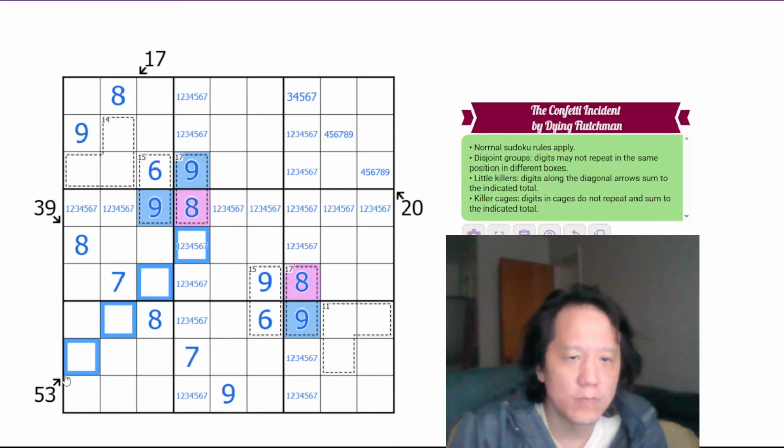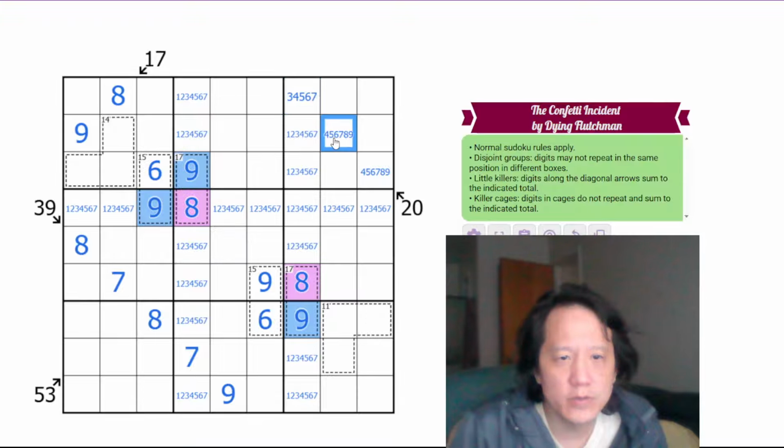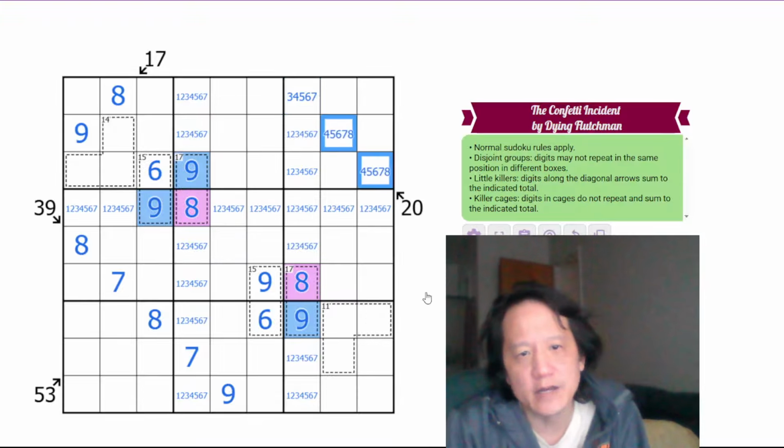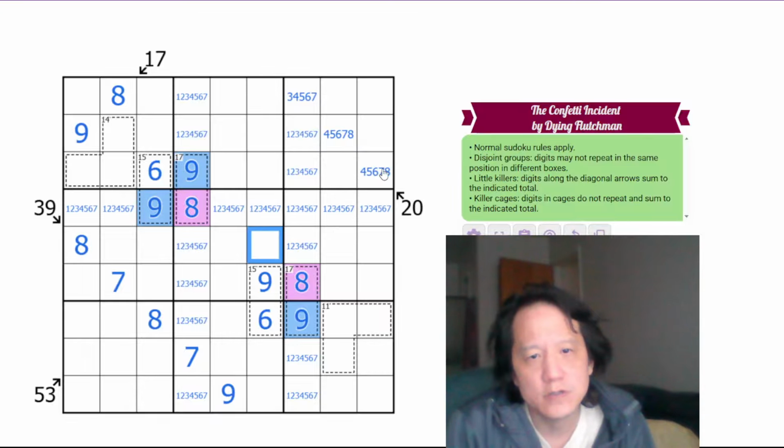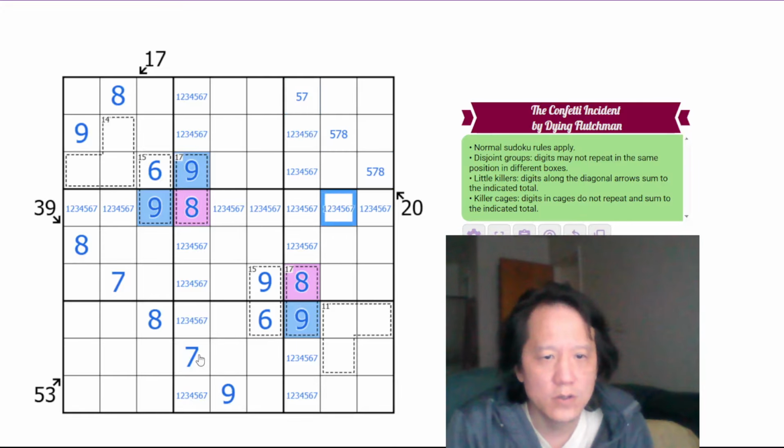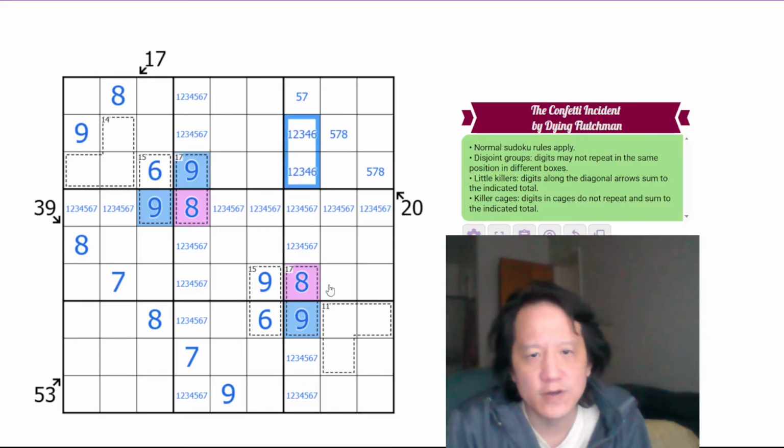But what does that mean for this diagonal is the question, right? Neither of these can be 9. Ooh, that's interesting. So this cannot have a 9 here, which forces this to be, I believe, a 5, 7, 8 triplet here. So this is 5, 7, 8. Obviously, 8 cannot be here. This can't be 5 and 7 then.